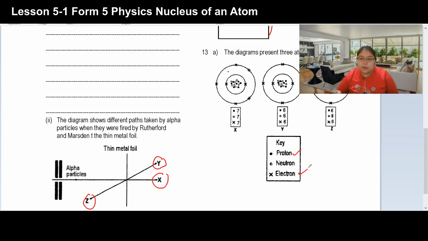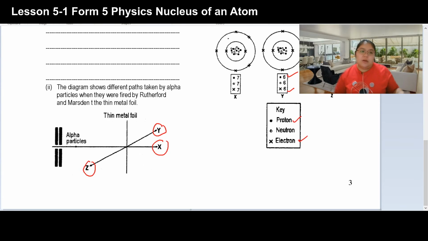So from where you're going to check which one has the same proton number? 7, 6. Okay, 6 and 6, the proton number is the same. Electron also the same, just the neutron is different. So from here we can conclude that Y and Z are isotopes, because the proton number is the same, just the nucleon number is different.